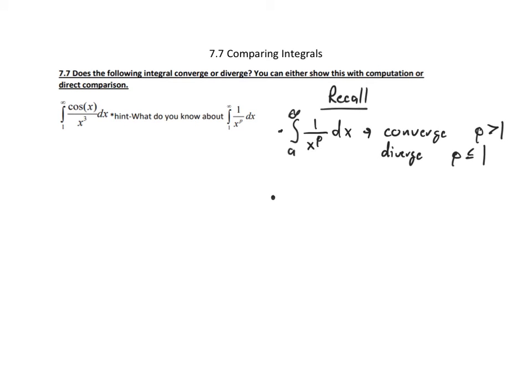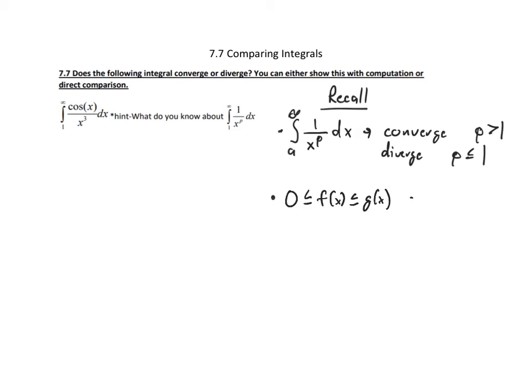Then we had a few other theorems. Let's say 0 is less than or equal to f of x, which is less than or equal to g of x. Basically, f of x is less than g of x, so the f of x function is below g of x.